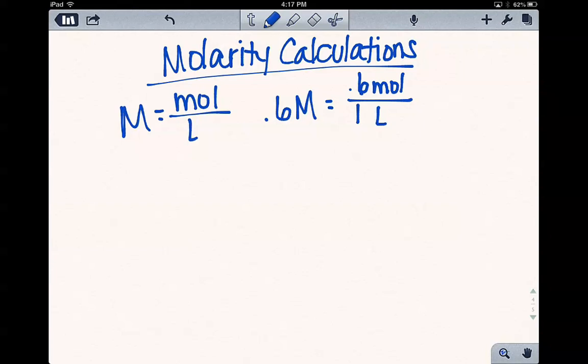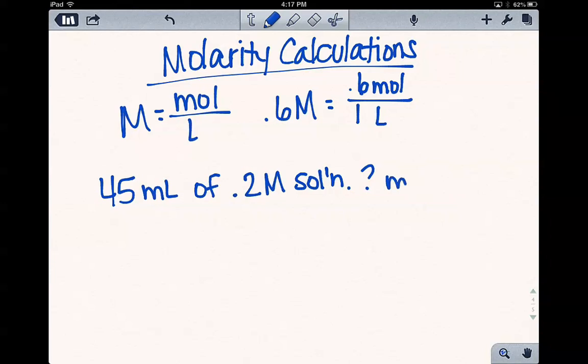So, for example, let's say we had 45 milliliters, I'm just making these numbers up, of a 0.2 molar solution. And we want to know how many moles do we have.